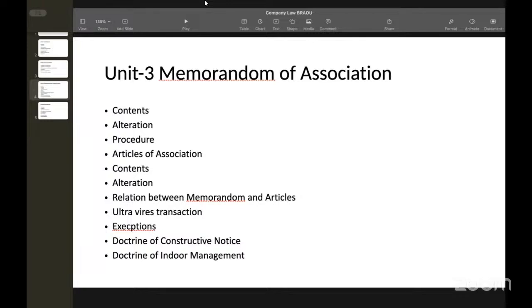Expanded principles. First is protection of good faith. Outsiders are not expected to verify whether internal approvals such as board resolutions have been obtained. Limitations: the doctrine does not apply if the outsider has knowledge of irregularities or if the act is ultra vires.